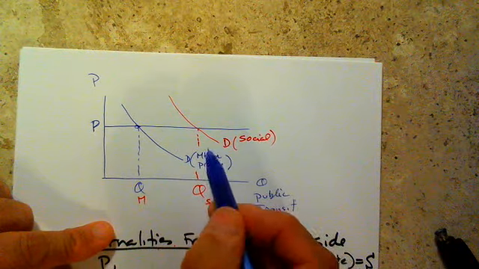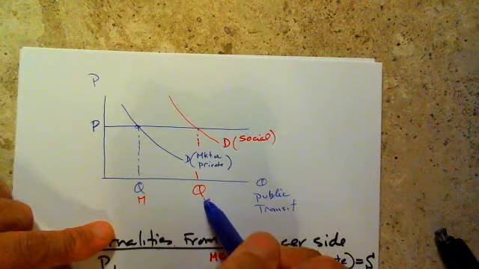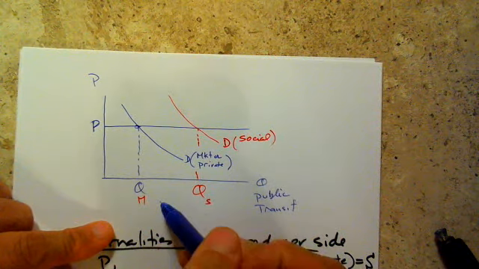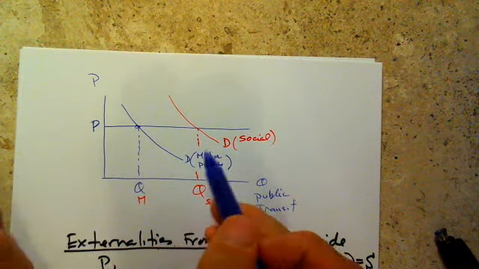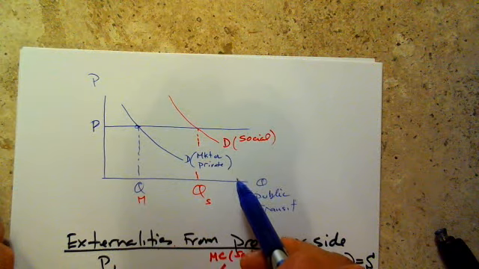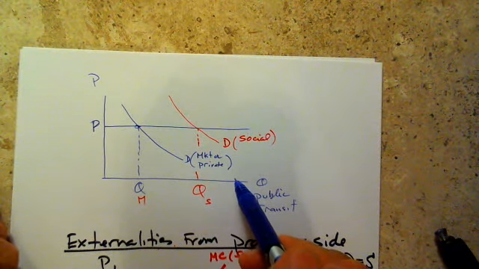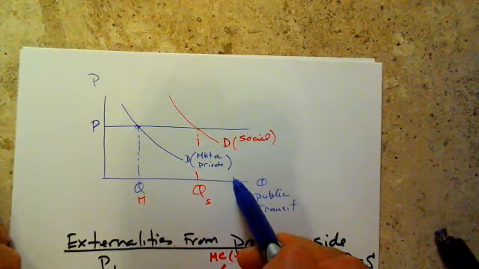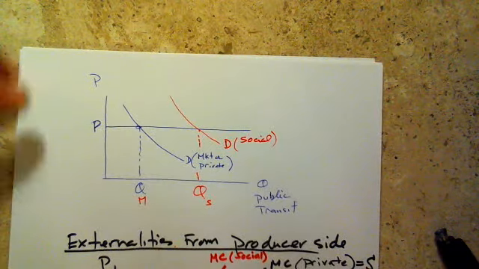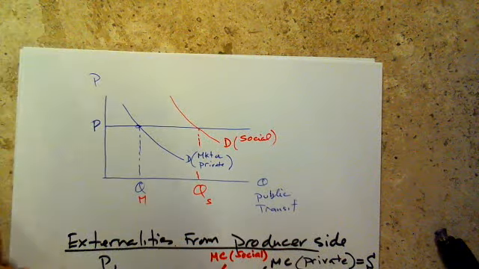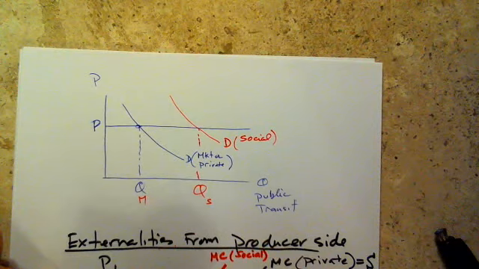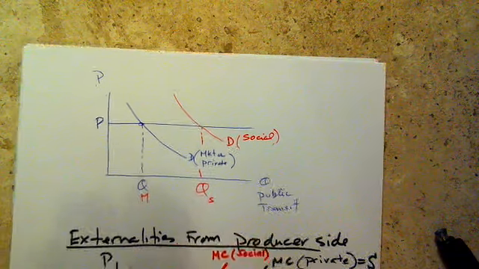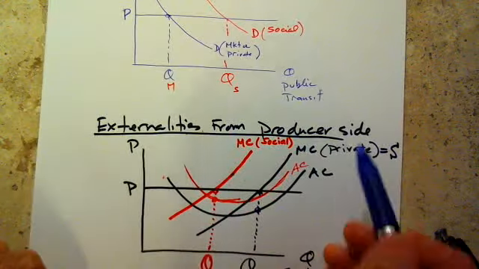So from a society's point of view, we should have more public transit rather than less. So again, this is a case where public transit is considered to be benefiting the society as opposed to private cars. Now let's look at the same issue from the externality from the producer side.